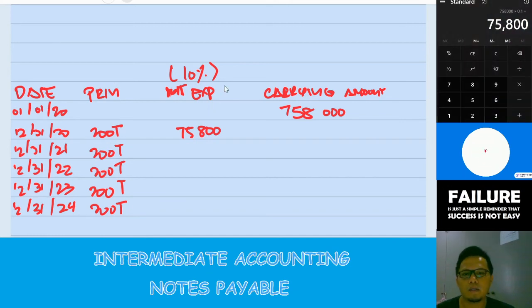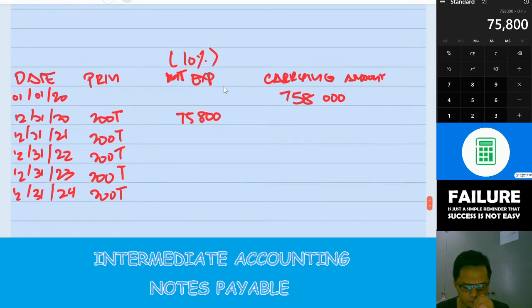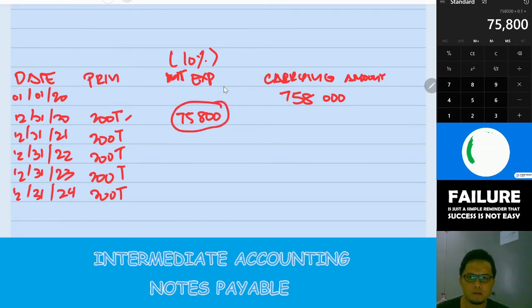So the concept dito is, okay, if we are to apply the effective interest method when it comes to notes payable, okay, this payment of 200,000 basically, okay, includes the payment applicable for the interest. The excess is for the principal. Okay? The excess is for the principal payment.